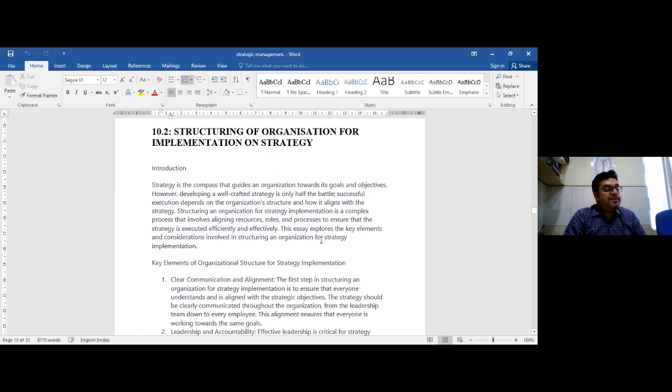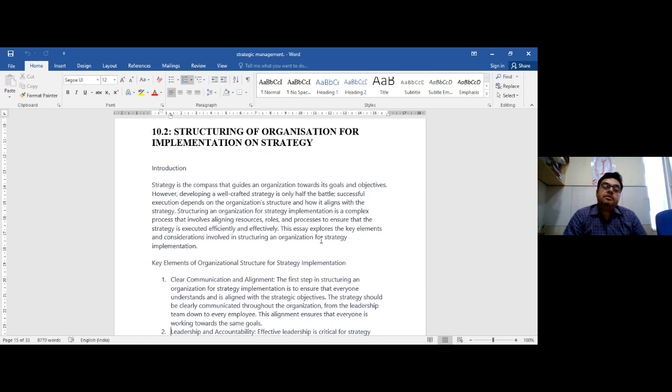The second module of this chapter is about structuring of organization and how it is associated with implementation of the strategy. Now, strategy is the means to an end, which, if carefully selected and done, will guide an organization towards its goals and objectives.